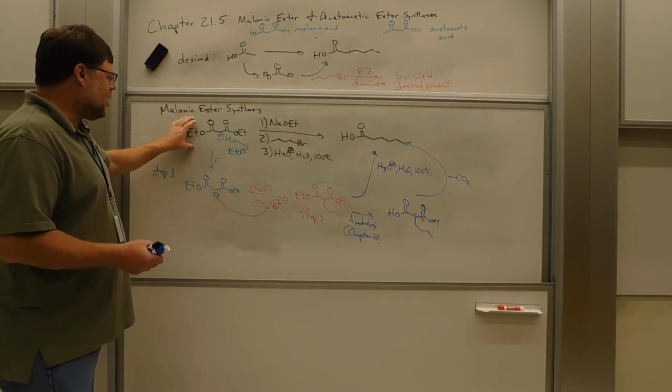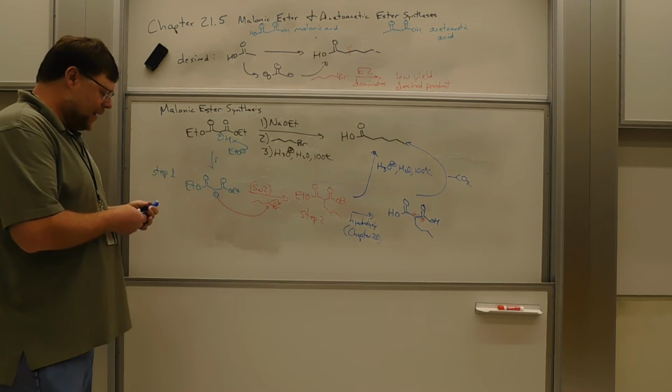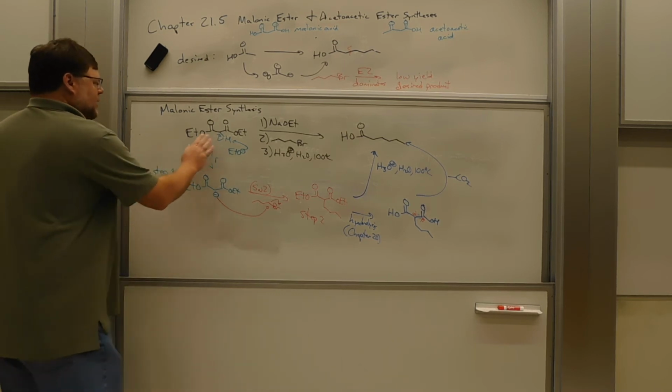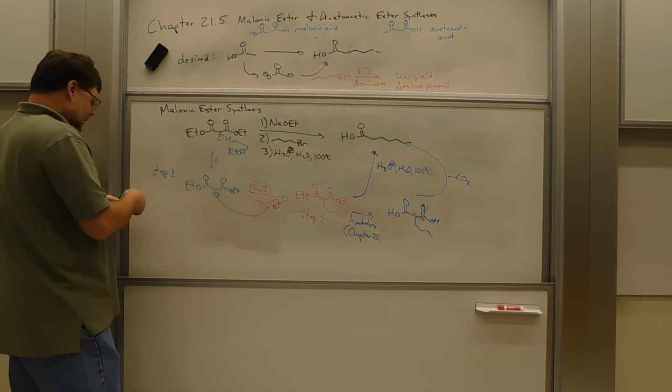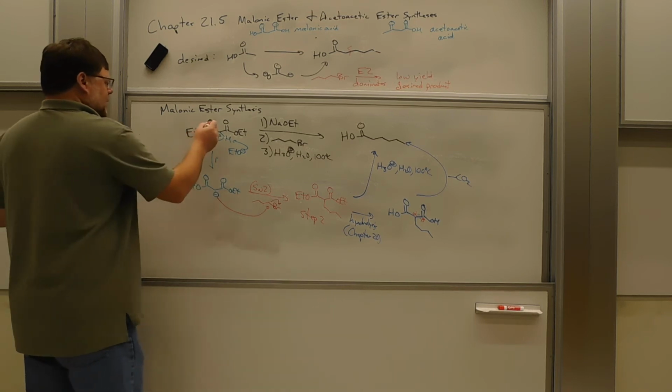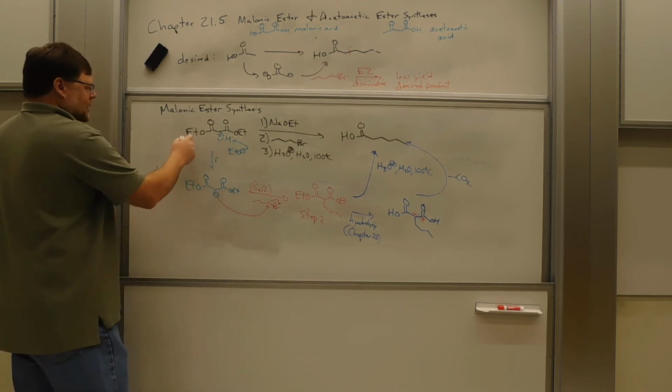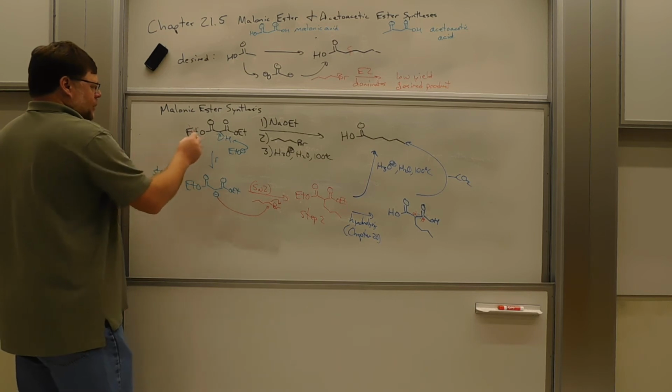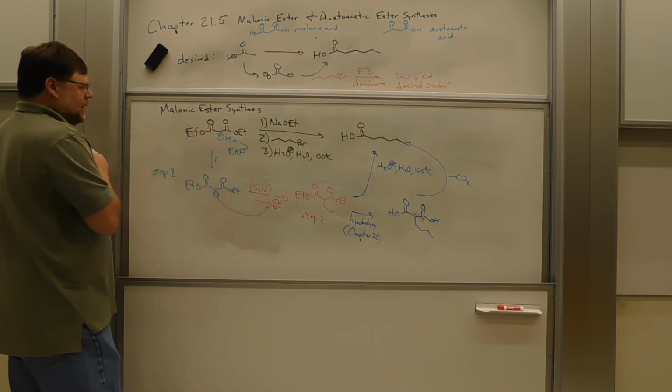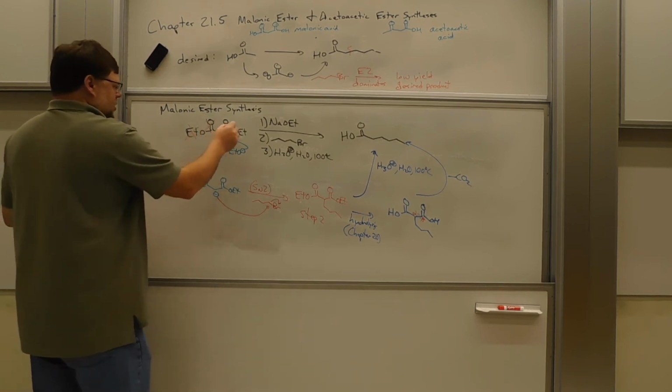is we use a dicarbonyl compound. And how do you look at this? So the dicarbonyl compound is a synthon. Basically we're going to be able to hydrolyze the ethyl group, and then we're going to be able to decarboxylate the CO2.